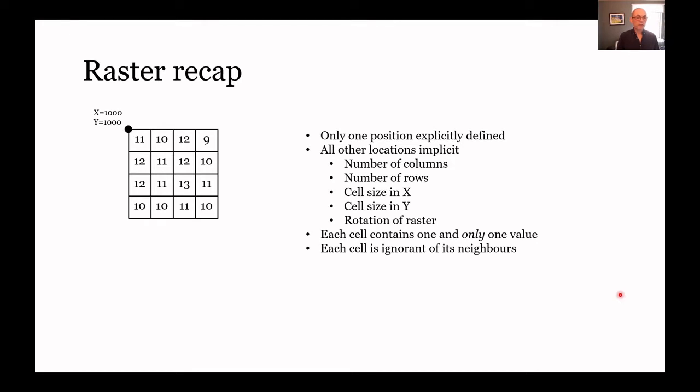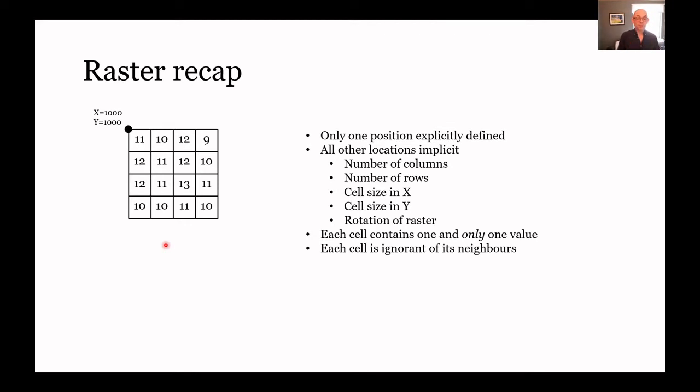We start counting from our fixed point up here, and then we just add the data onto it. And then after a certain number of columns that's been defined, we change to the next row. That change is defined by the size of the cells in the Y here, and then we start adding the data on. There's one piece of data per cell, per pixel, depending on which type of data we're talking about.